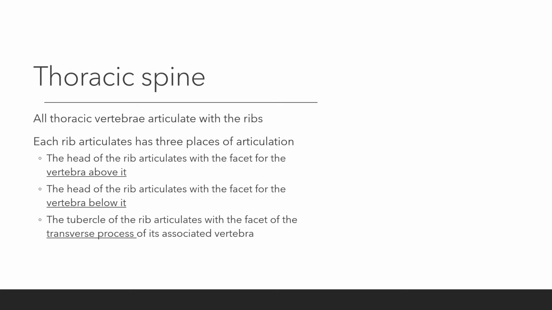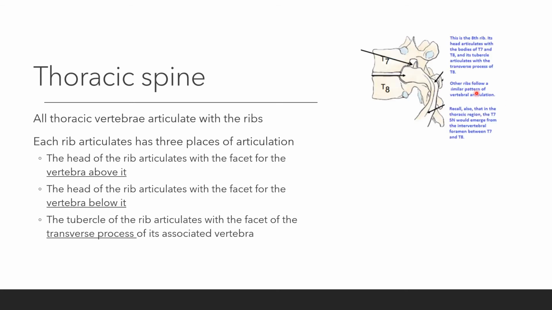The rib also articulates with the transverse process of its associated vertebra. So going into a little more detail, if you take a look, the head of the rib articulates with the facet for the vertebra above it, as well as the vertebra below it. So the 8th rib articulates with the facet of T7 and T8.